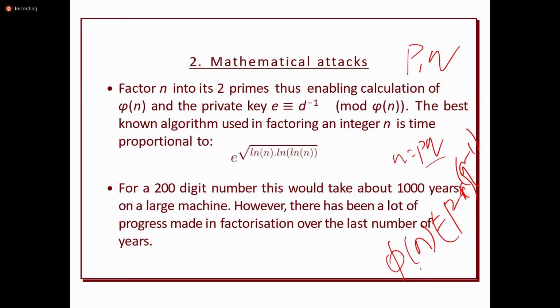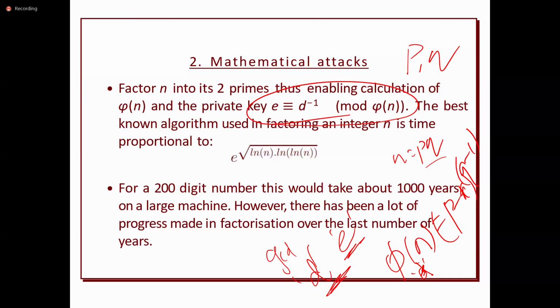The receiver has to select the public key in such a way that the GCD of e comma phi of n is equal to 1. Then the receiver has to calculate the d value, the private key. While the receiver calculates that e is congruent to the inverse of d mod n, the mathematical attacks will happen.